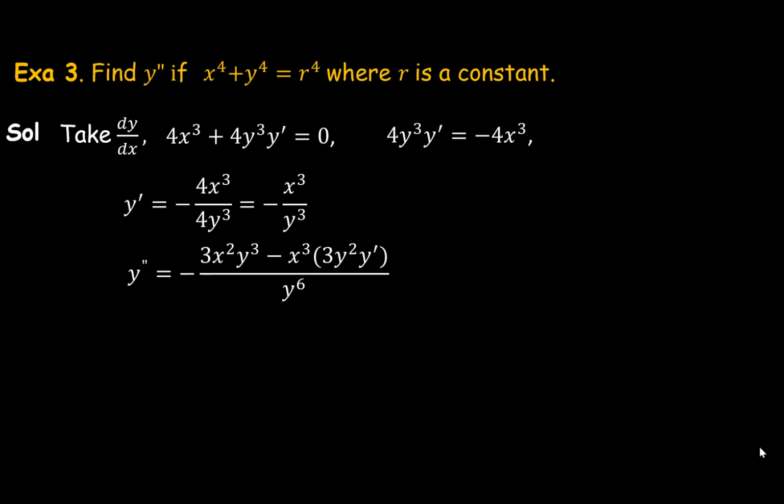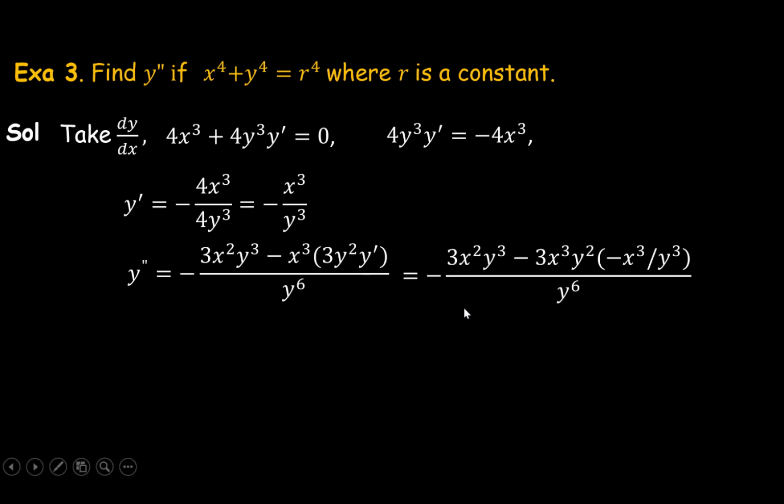Now, we need to express the final answer in terms of x and y only. That means this y prime will need to be replaced by this expression. So let's do that. And we got the following. As you can see, we moved the 3 to the front, and then y squared as well, and then y prime is replaced by this.